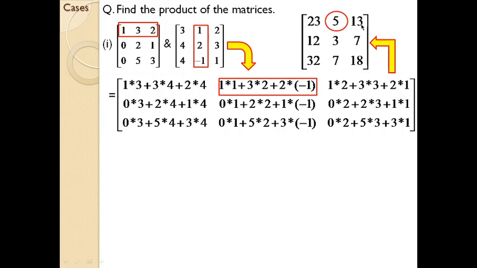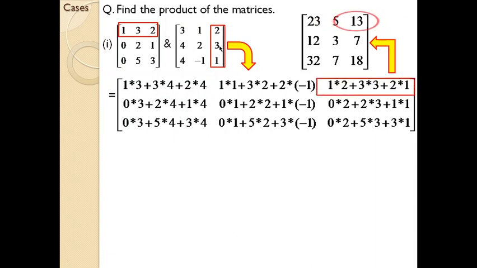So here we got three numbers of the first row, and in the second matrix we multiplied with different columns each time. When you multiply first row with first column, you will get the first number of the first row. If you multiply first row with the second column, you will get the second number. Likewise, if you multiply first row with the last column, the third column, you will get the last item of the first row of the new matrix.